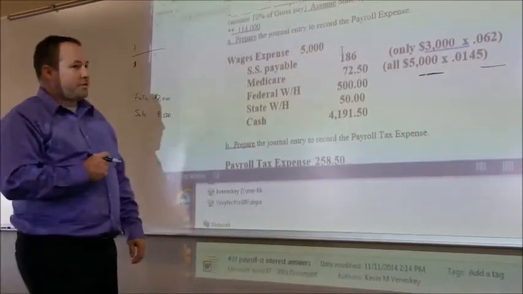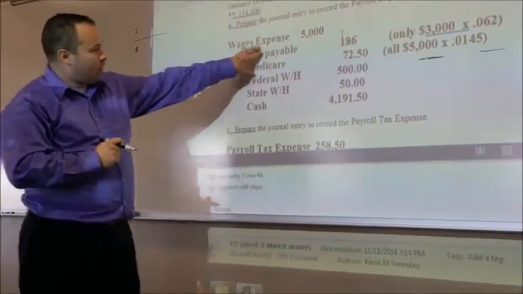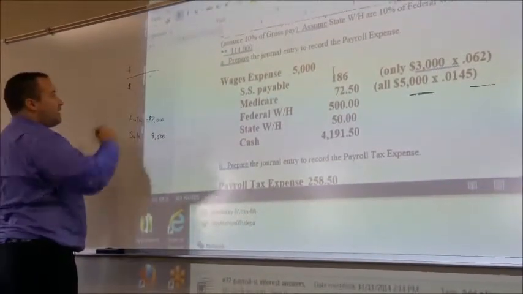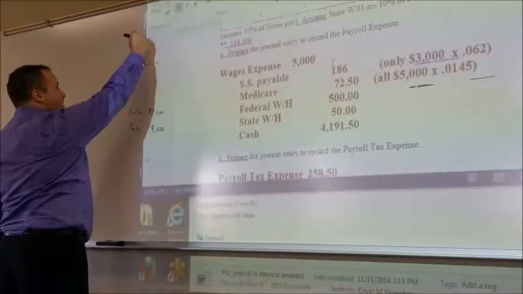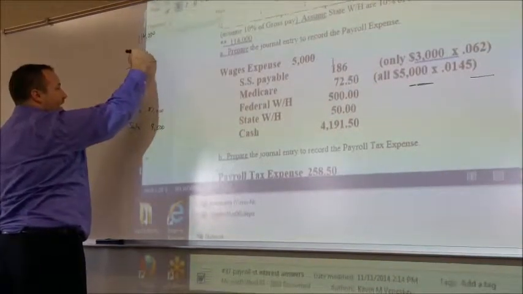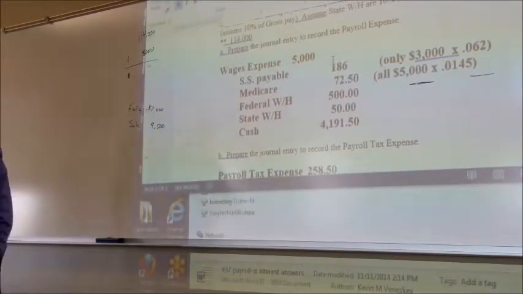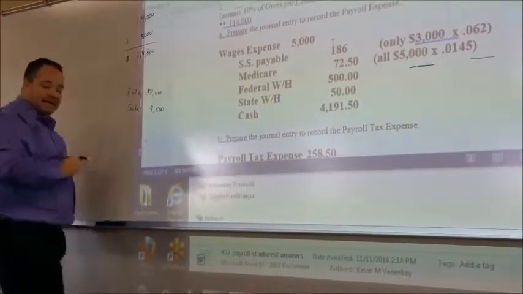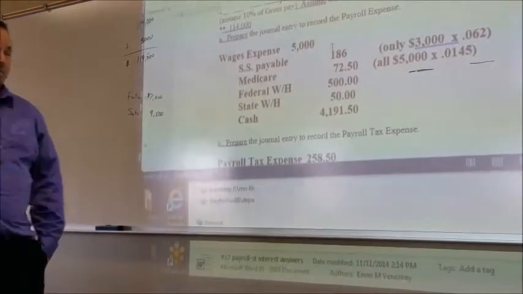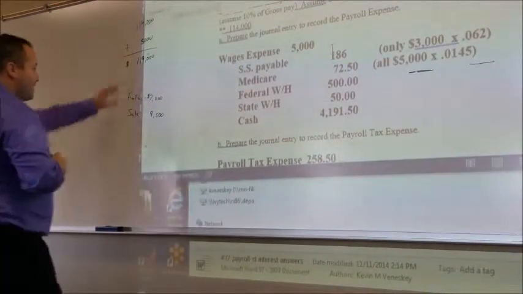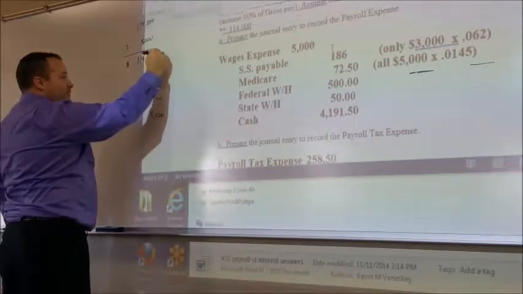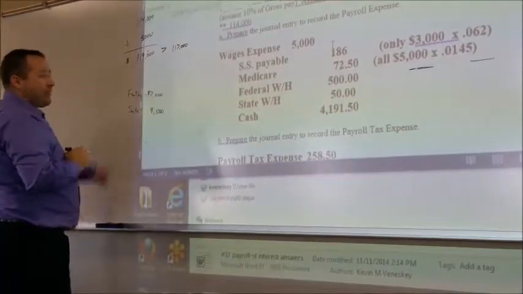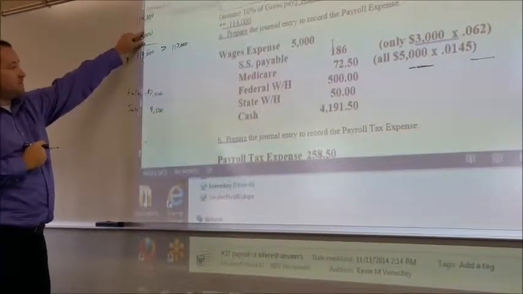As we look at the answers for this one, the employee earned $5,000. If I go back up to my little adding thing where I had $114,000 and add in how much I made this payroll, I've now earned $119,000 with this most recent payroll. That is definitely greater than the 117 cap, so I don't want to be taxed on all 5,000.